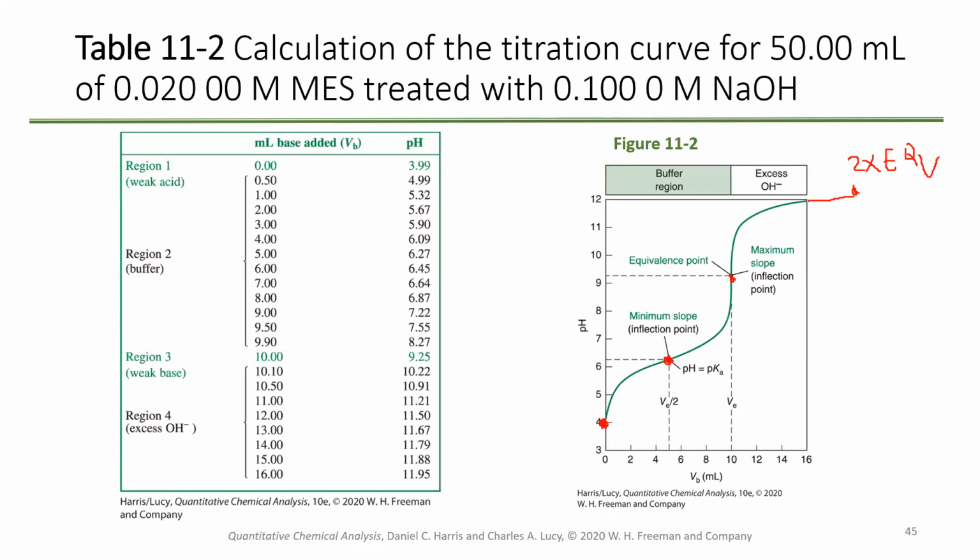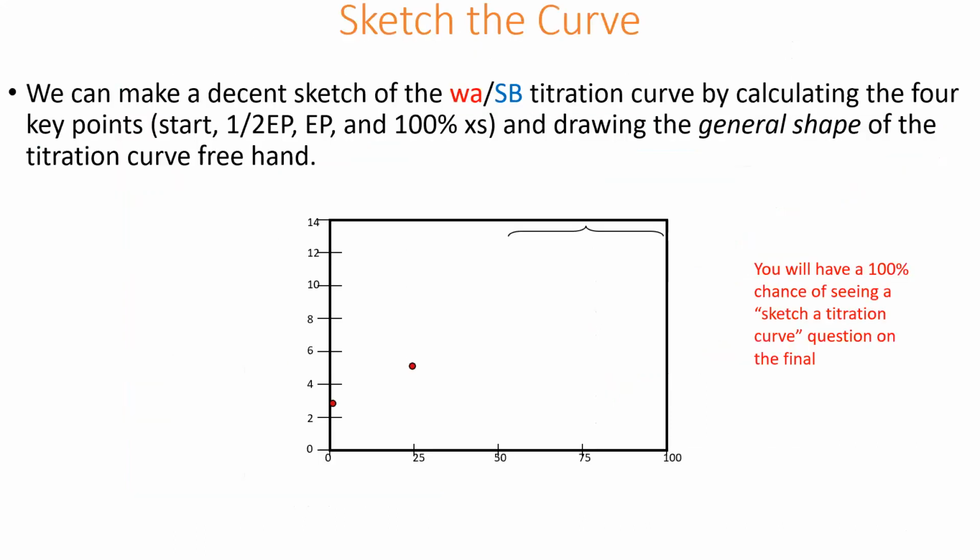Right? At your equivalence, halfway, and 0. So get 1, 2, 3, 4 points. Equivalence point, half equivalence point, twice the equivalence point. Figure out how to calculate the pH of each one. All right, so you're going to need those 4 points.